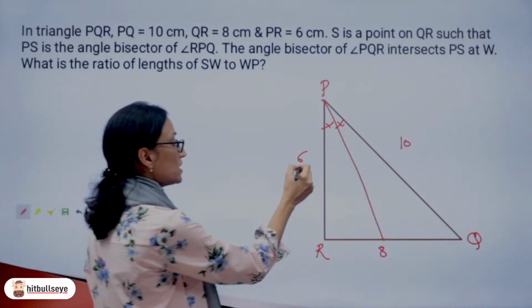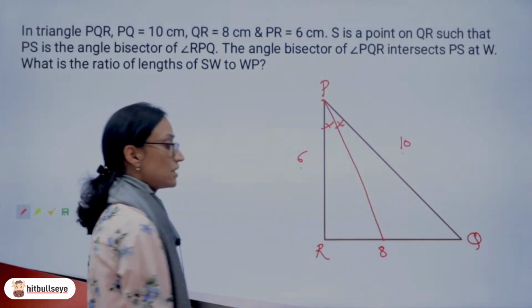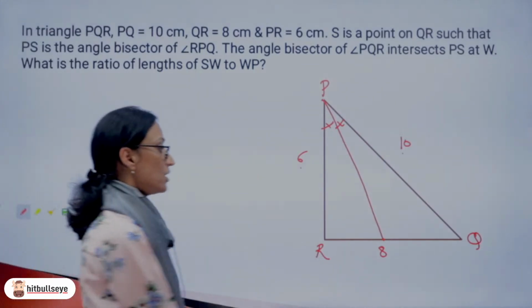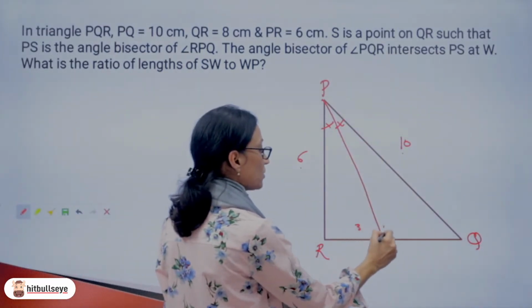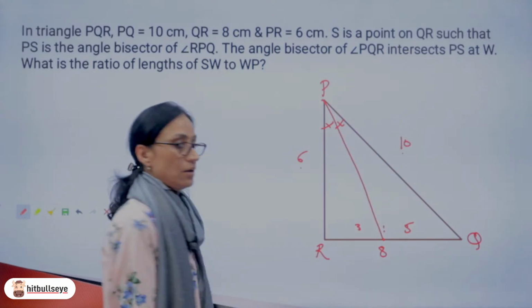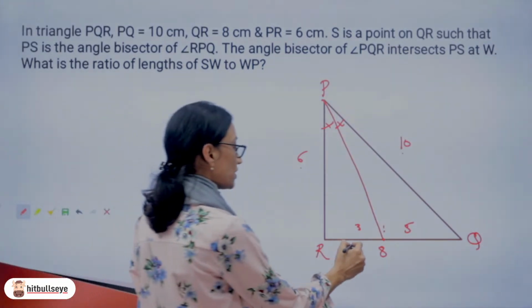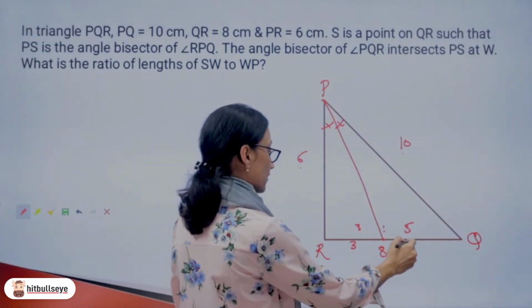So the ratio of these two sides or the arms of the angle is 6:10, which in a simplified version is 3:5. So this ratio also has to be 3:5. But we already know that the total is 8. So of course, this has to be 3 units and this has to be 5 units.